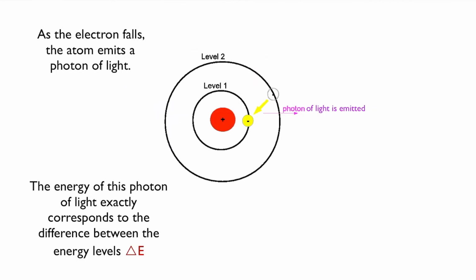So we need to be quite clear about the language we're using to describe what's going on with emission spectroscopy, because we're talking about electrons that are falling from a higher energy level to a lower energy level because they've previously been excited. They've previously jumped up levels because the atoms have absorbed energy.